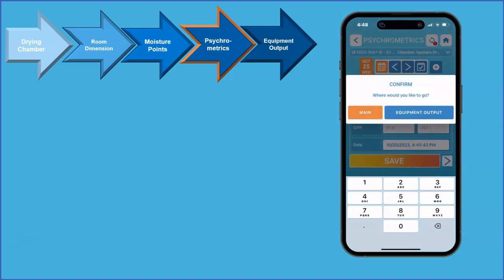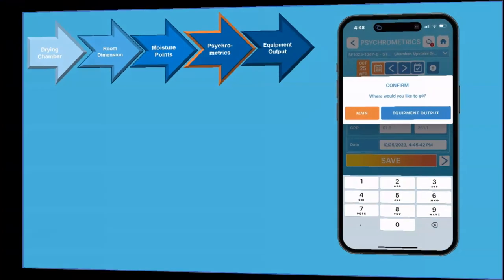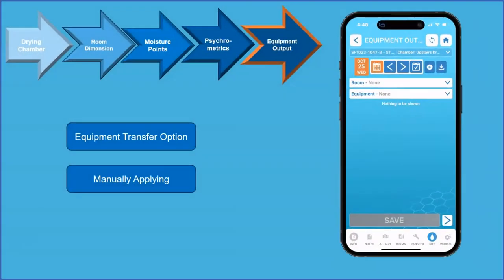Now we will navigate to our equipment output section. Equipment output can be entered one of two ways. Either by utilizing the equipment transfer option that uses our equipment transfer scan or selection functionality from our mobile application or Proven Jobs web, or by manually applying it within the chamber.